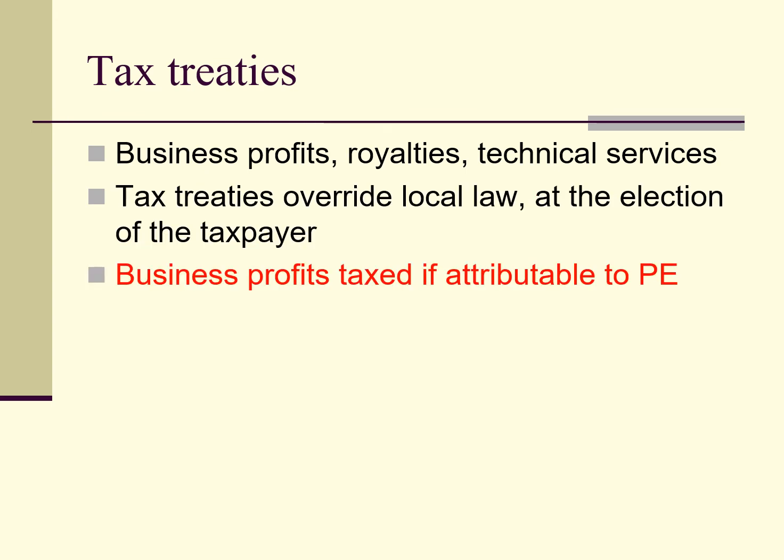Let's first focus on business profits, which are of primary concern in electronic commerce. Under a treaty, business profits of any kind, including services, leases, inventory sales, are taxed in a country only if they are attributable to a permanent establishment in that country.